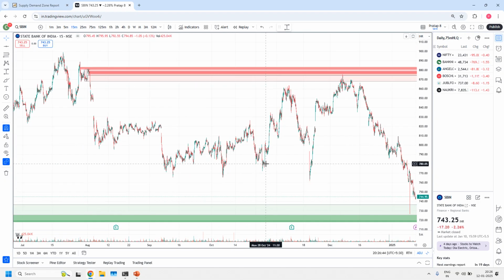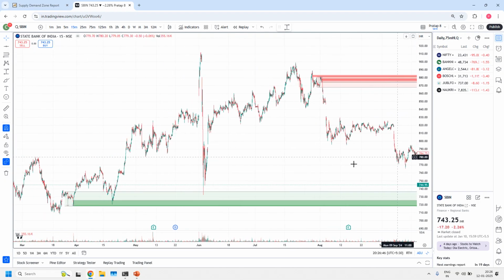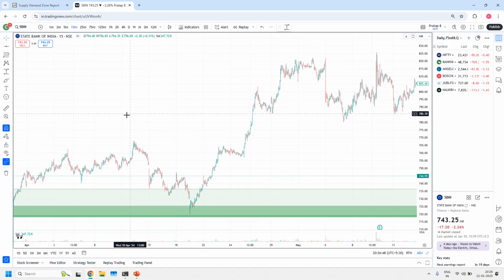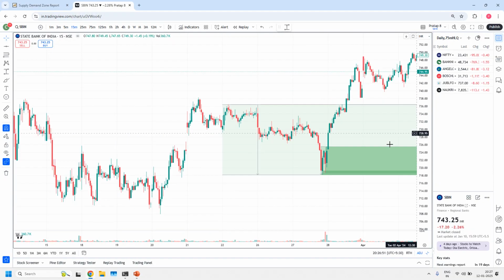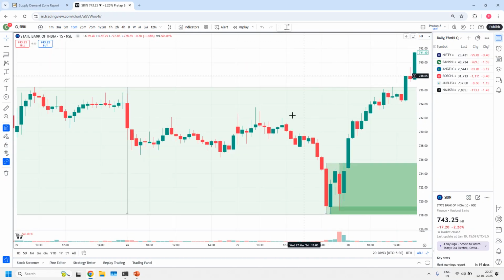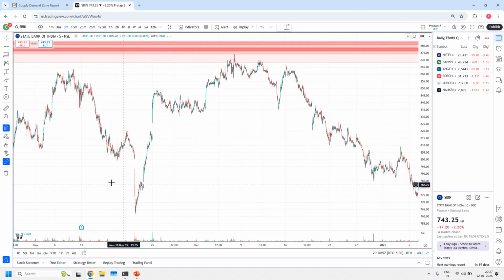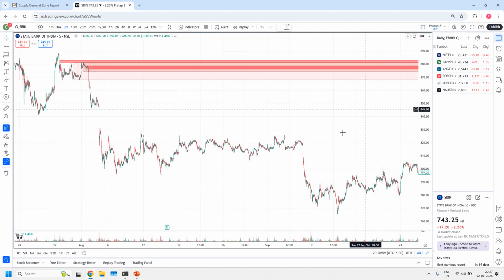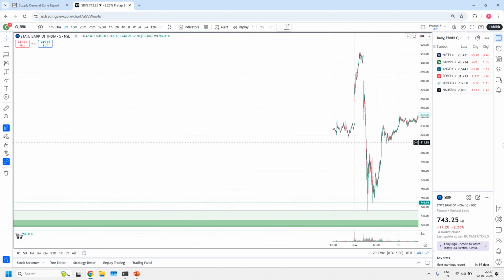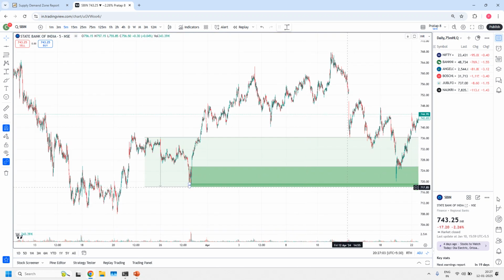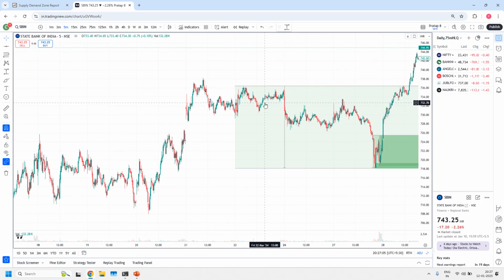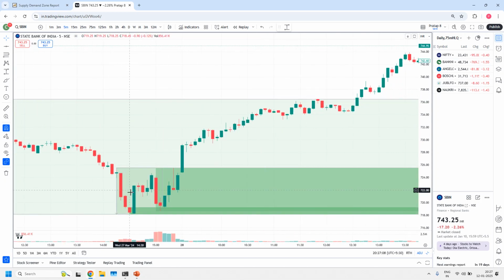So at present we have a fine-tuned zone. But this fine-tuned zone at 5 minutes time frame is already tested. But maybe it could be high liquidity. Drop base rally, again drop base rally. Leg out is not good, but imbalance has started.